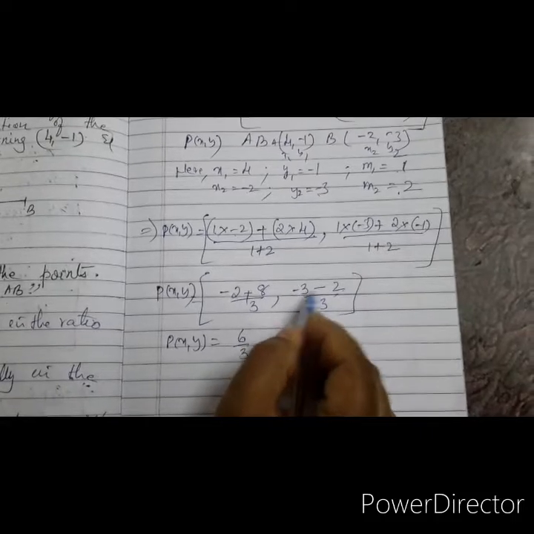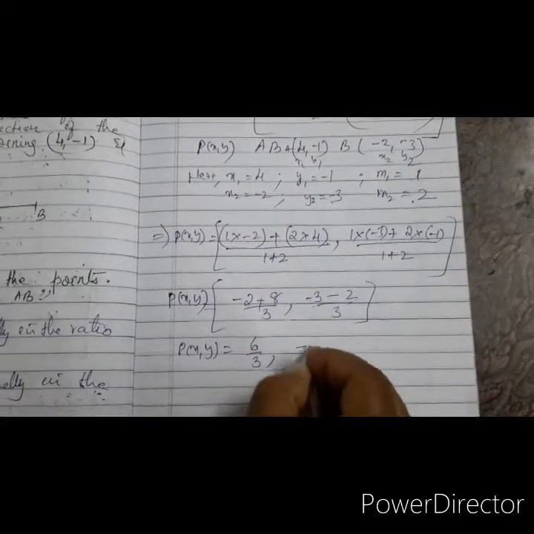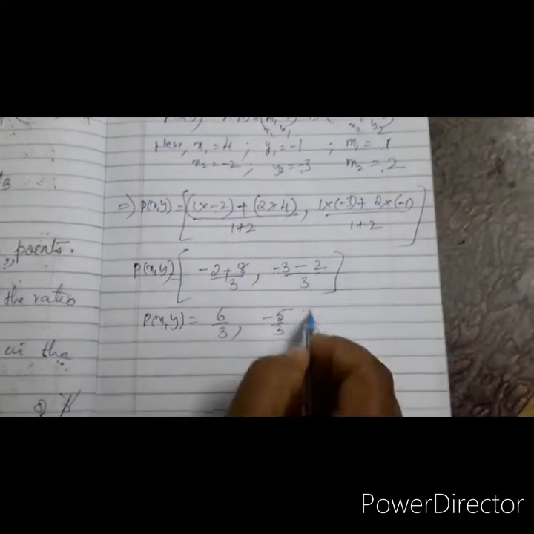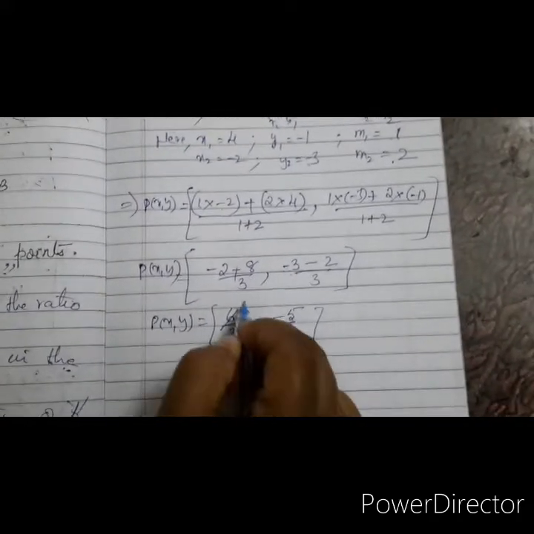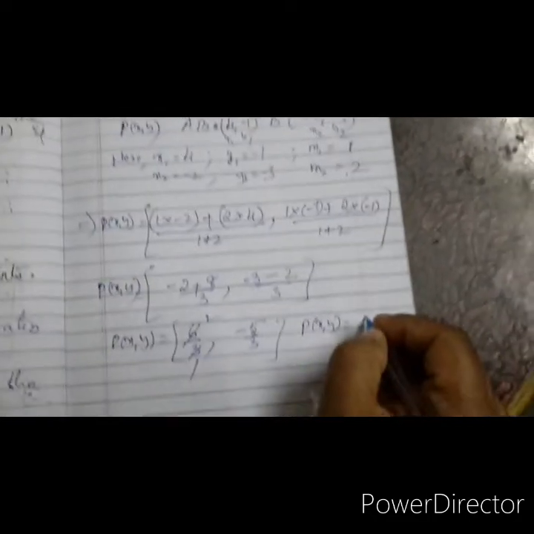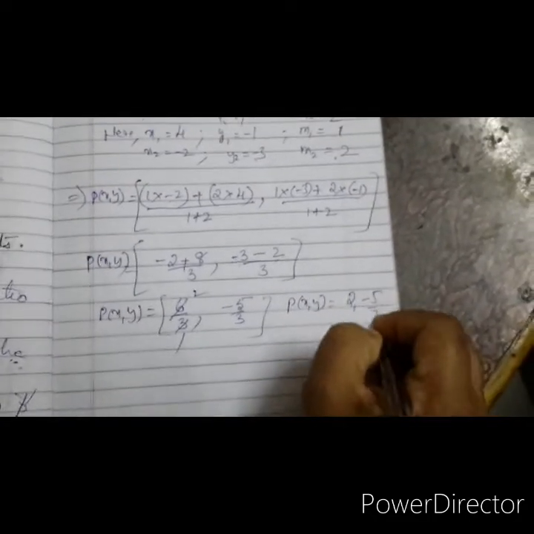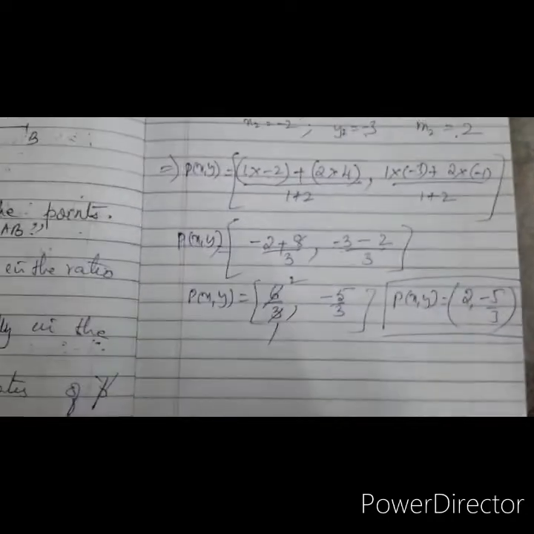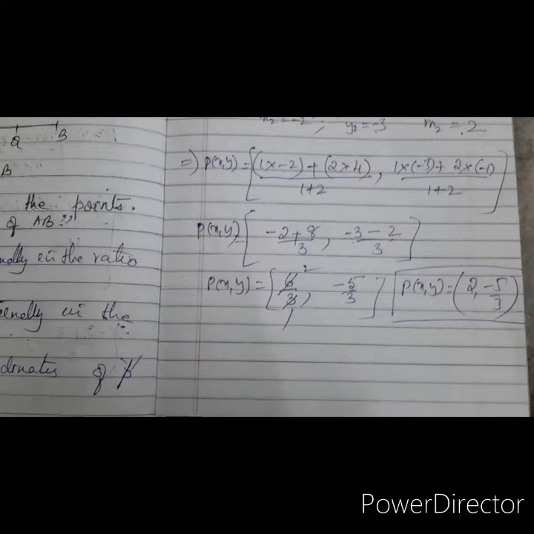Why add, I am saying? Because 2 minus signs are there. Add and give the bigger number's sign. Bigger number sign is minus. 5, cancel 3 1s are 3, 3 2s are 6. Now coordinates of P(x, y) is (2, -5/3). These are the coordinates for P(x, y), (2, -5/3).